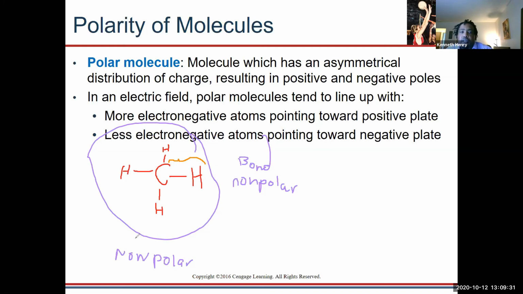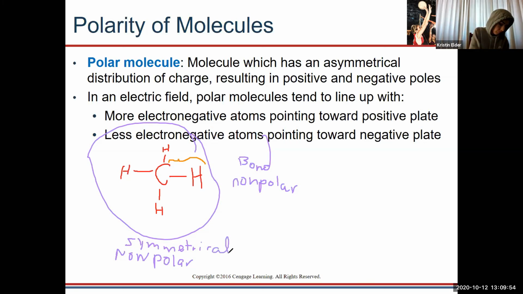Asymmetrical means that you have a positive and a negative pole. It would be symmetrical. Okay. Simple-ish.